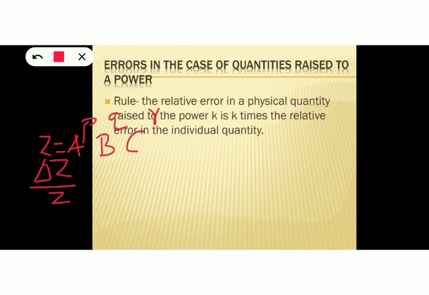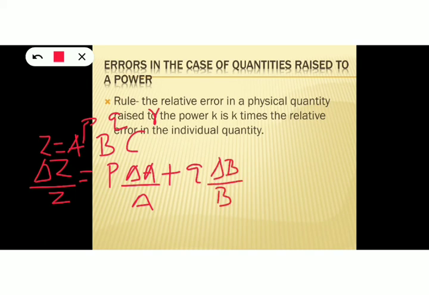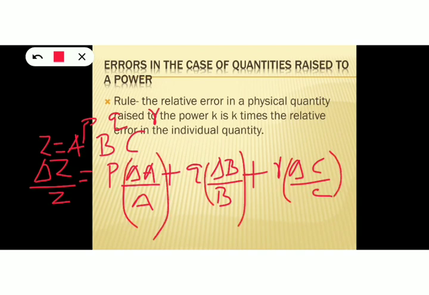Relative error in Z is obtained by p into relative error in A, because p is the power of A. So we must multiply the relative error of A with p, plus q into relative error in B. Q is the power of B. So you must multiply relative error of B with q, plus r into relative error in C. Okay. So this is the way to find out the relative error in Z.